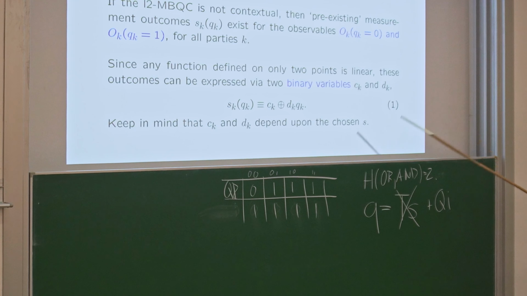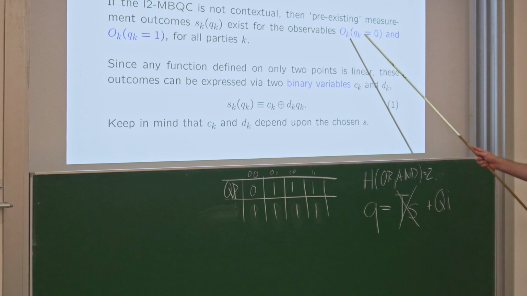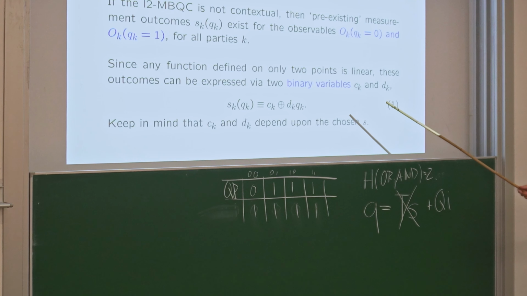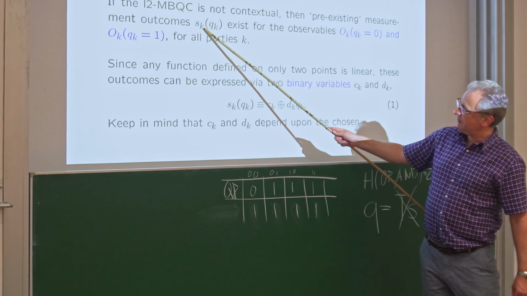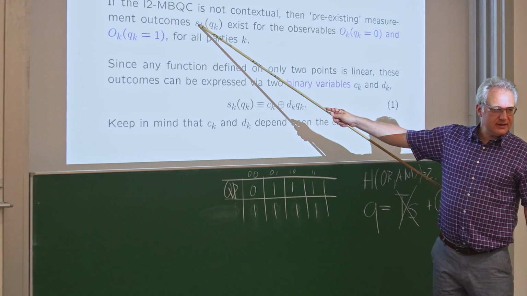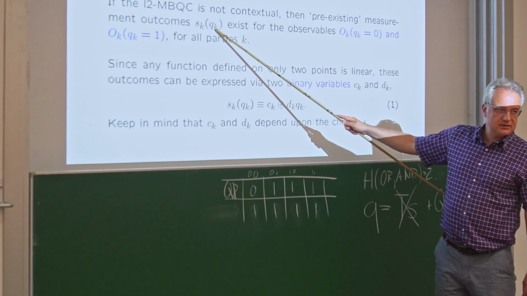So now sorry for this bunch of text here, but maybe we can actually go through it. So if this thing is not contextual, then we have all these value assignments. And so for every physical location there is an outcome, sk, as a function of this choice of basis qk.